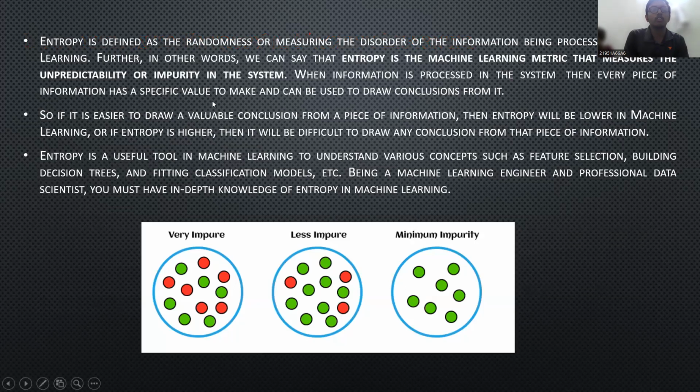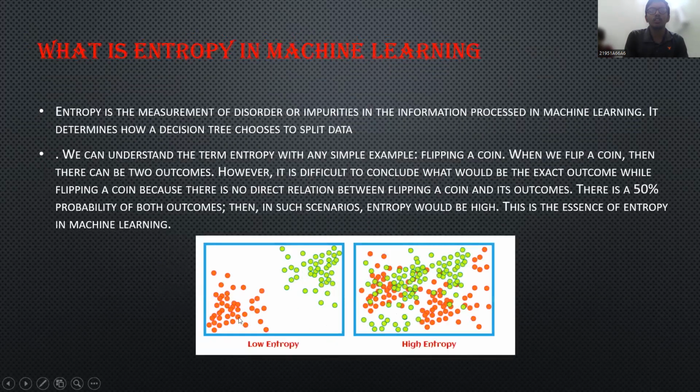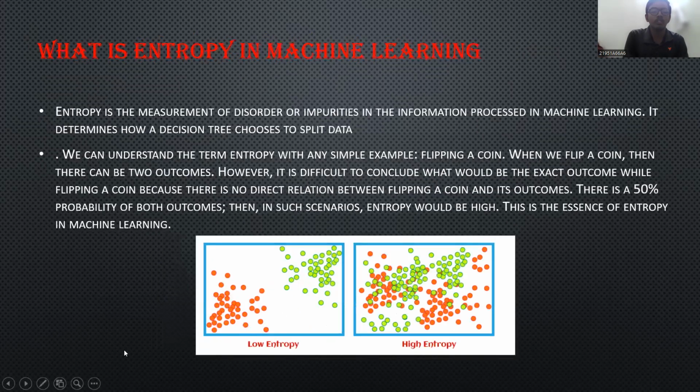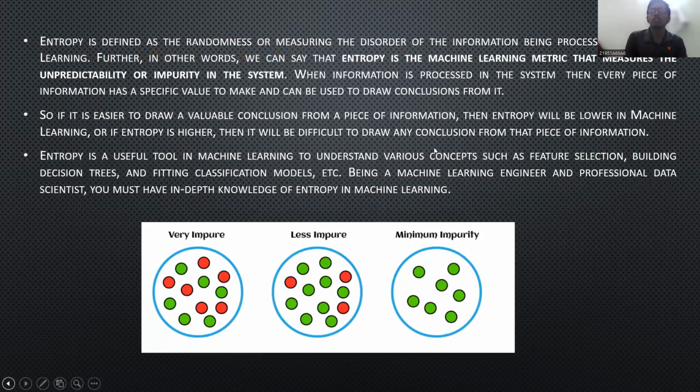Entropy is defined as the randomness, or the measure of disorder, of the information being processed in machine learning. In other words, entropy is the machine learning metric that measures the unpredictability or impurity in the system.